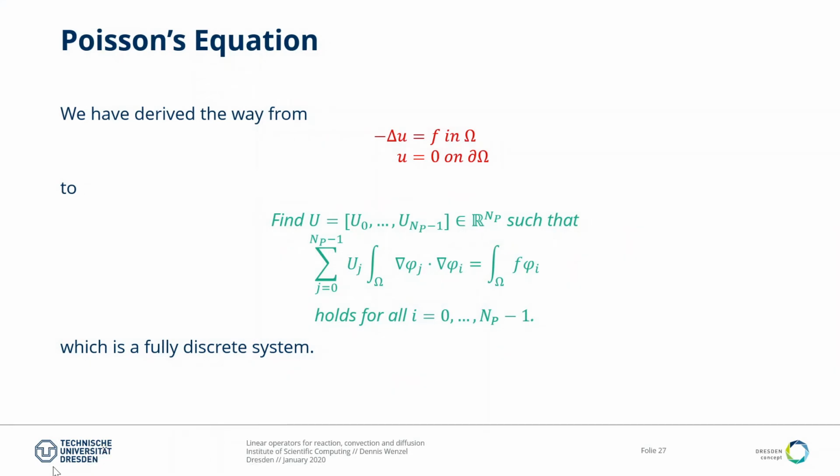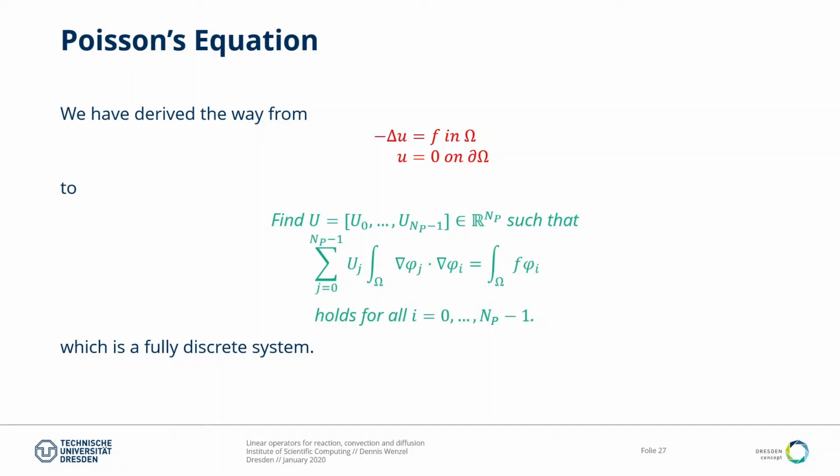So for Poisson's equation, we have derived our way from the original strong form, minus Laplacian of u equals f in omega and u equals 0 on the boundary, to this discretized weak problem.